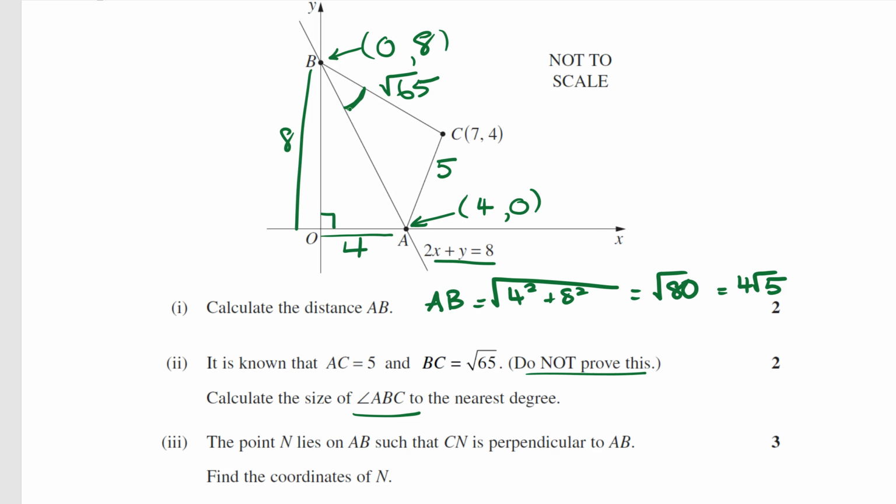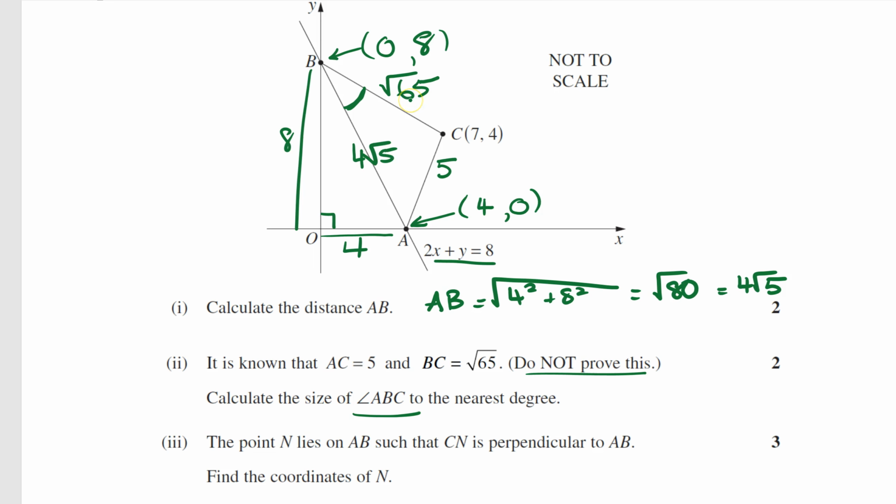Now if we do compartmentalise our knowledge too much, we could say, well, no, I have no idea what they want me to do here. And I could wander off and do something about angle of inclination of the line and so on. But you might recall from junior school, or you should recall, that if we have a triangle which has 3 sides given, and we now know the 3 sides because we've got all 3 supplied to us, then what we could do is use the cosine rule.